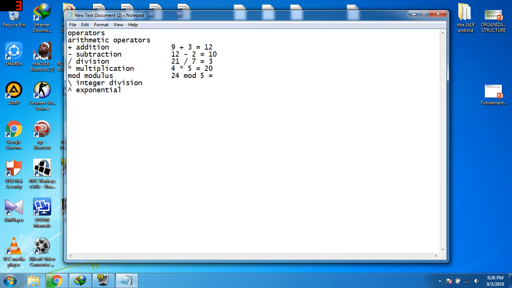So modulus, like for example, we have given 24 mod by 5, so that will give us an answer of 4. So why can this happen, if we are talking about modulus, so that is the division which we only count the remainder. So like for example, nag-divide tayo ng 24 mod of 5 or divided by 5, so that will give us the answer of 4.4 or 4 remainder 4.